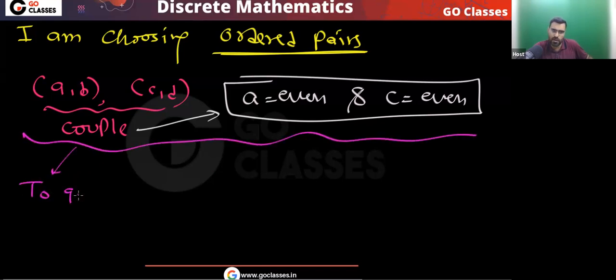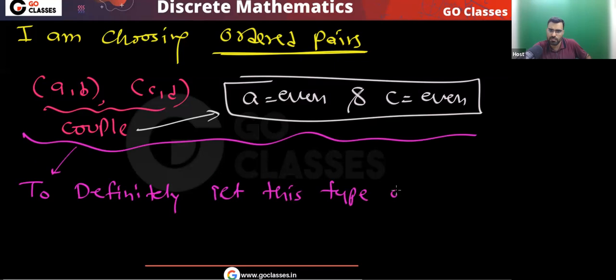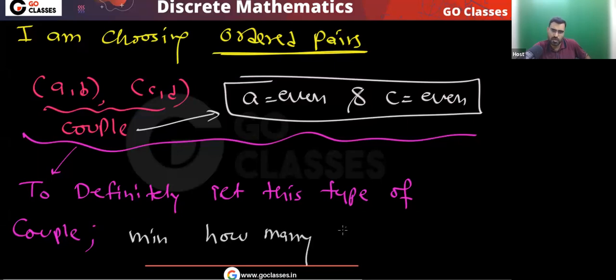To ensure this type of couple, to definitely get this type of couple, minimum how many ordered pairs should I choose?